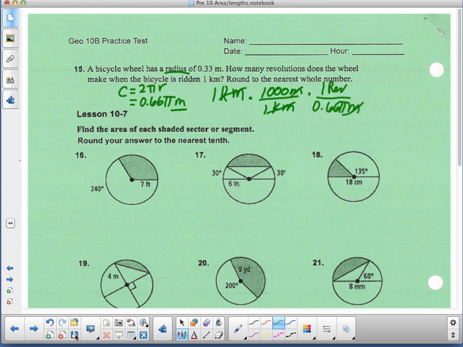So now I'm going to have my answer in revolutions, and I multiply those things with my calculator. I get 482.28, and so I'm supposed to round, so there are 482 revolutions in 1 kilometer.